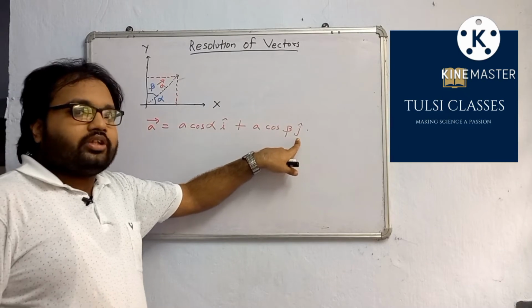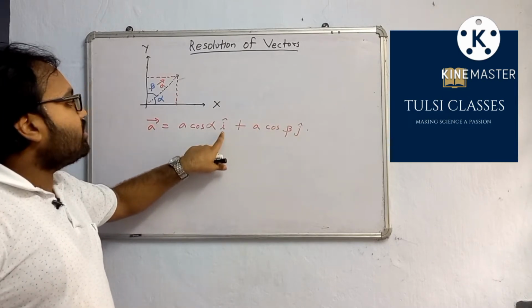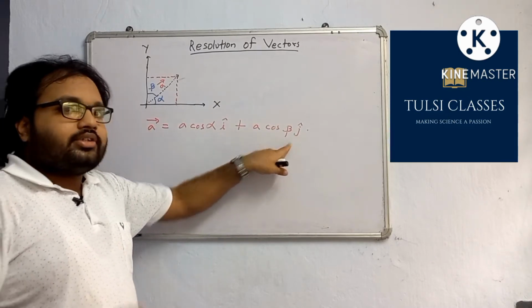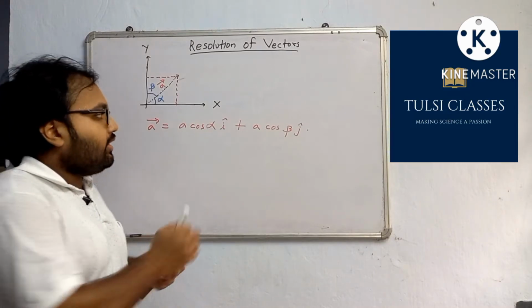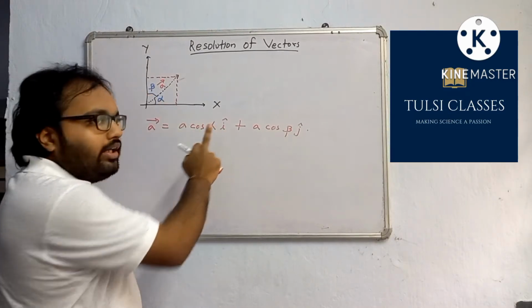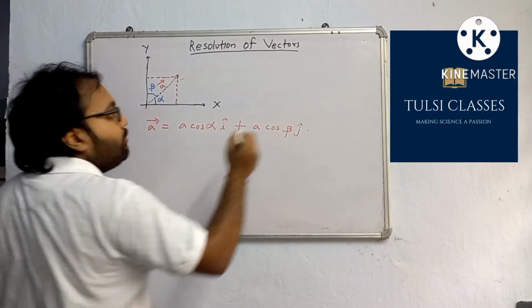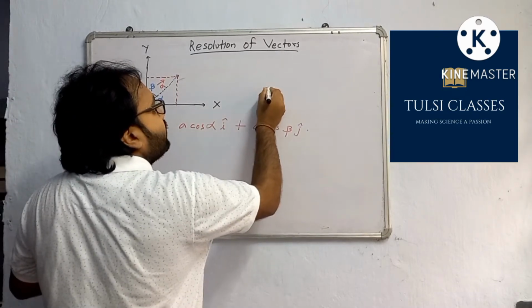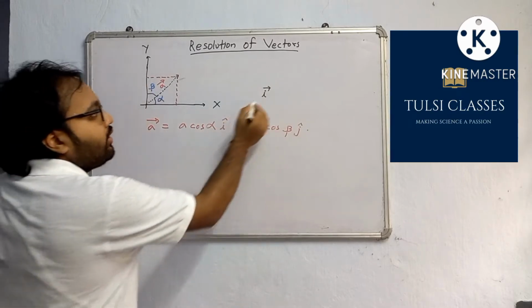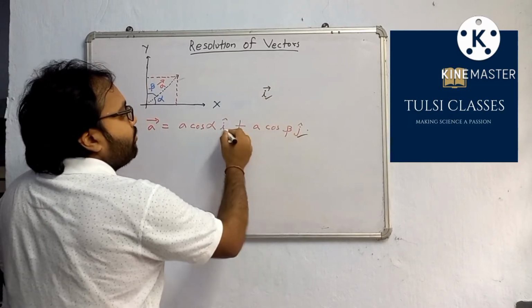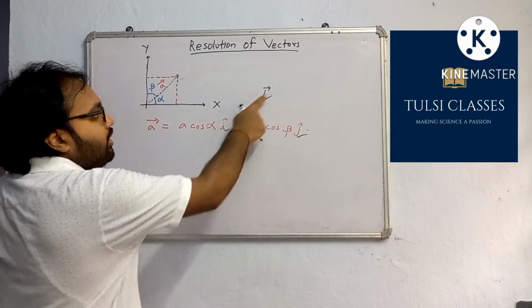In class 11th you must have read I cap and j cap. These are called unit vectors. I is also a vector, so you may ask that it should be written like this, as an I vector. Yes, you are correct. Both can be used to represent the I vector.